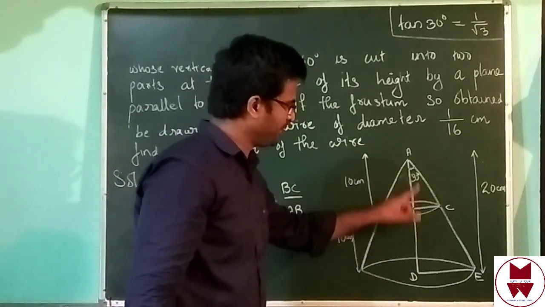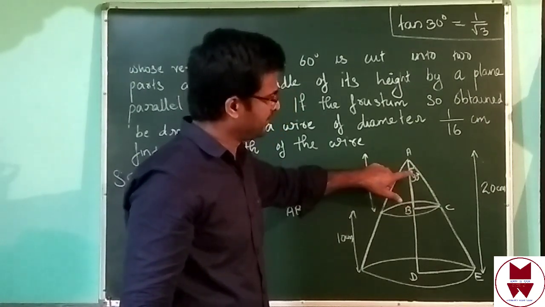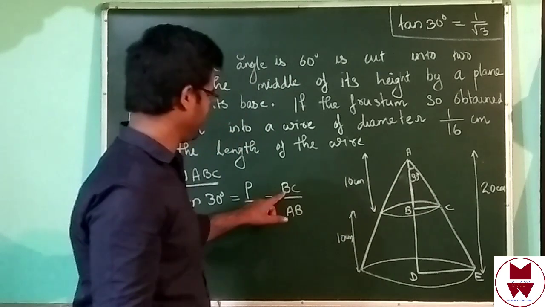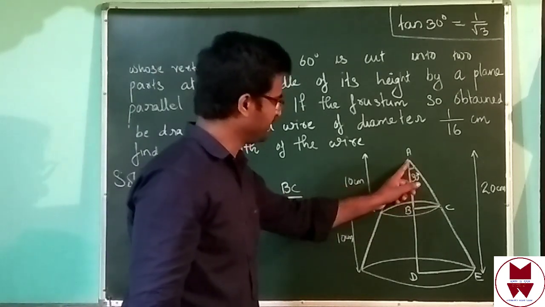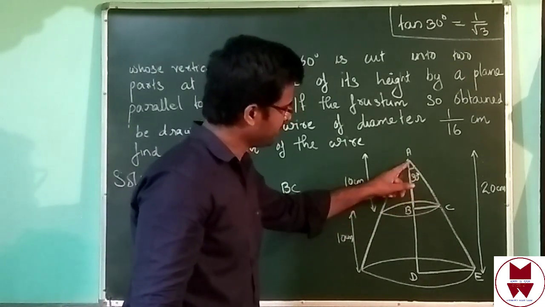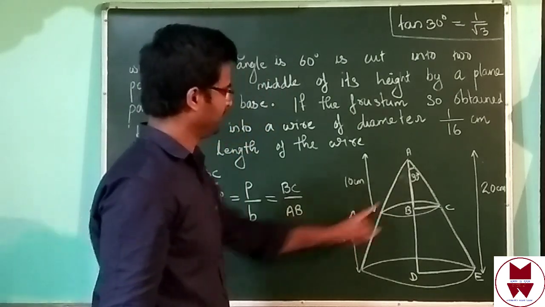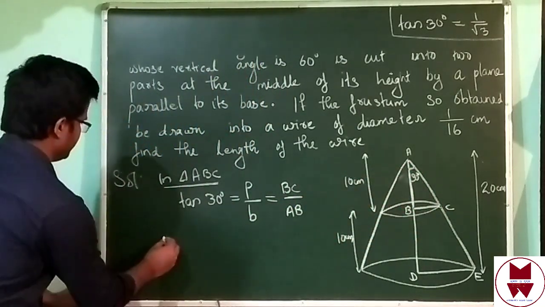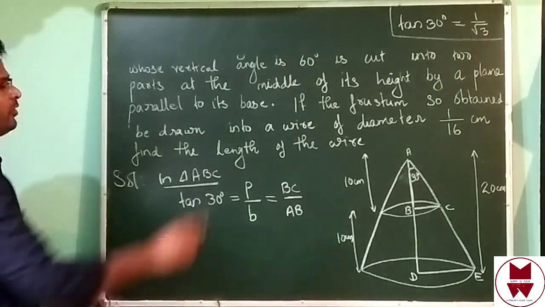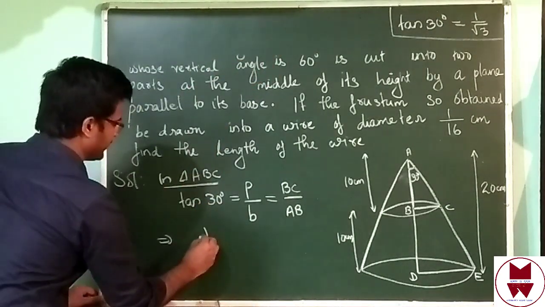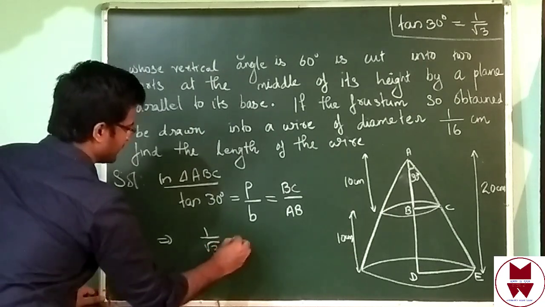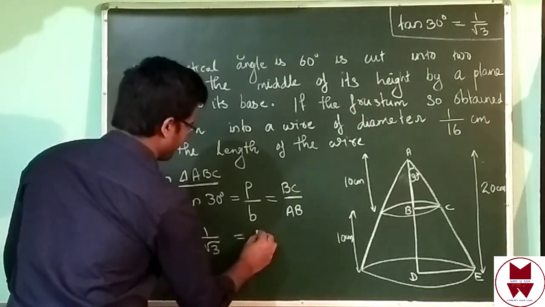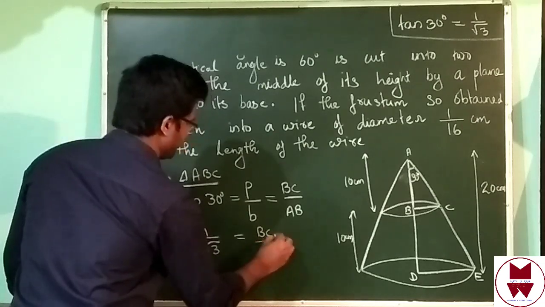The perpendicular is just the opposite side of the 30 degree angle, that is BC. Then base means nearby that angle, that will be AB. Then AC will be hypotenuse, the longest side. Tan 30 value we already wrote, that is 1 by root 3, equal to BC, we don't know, BC divided by AB.